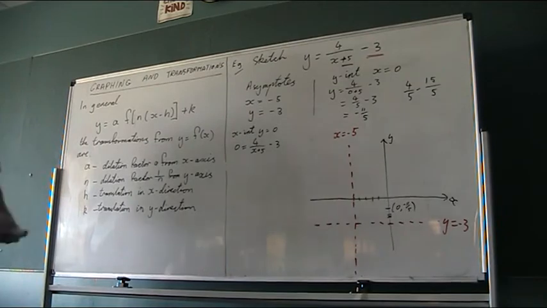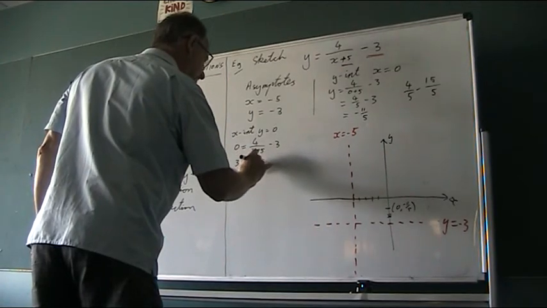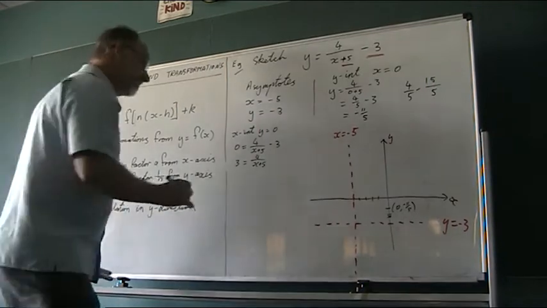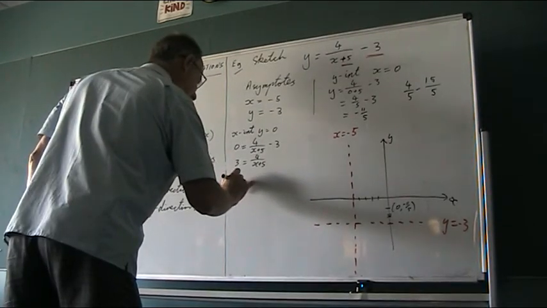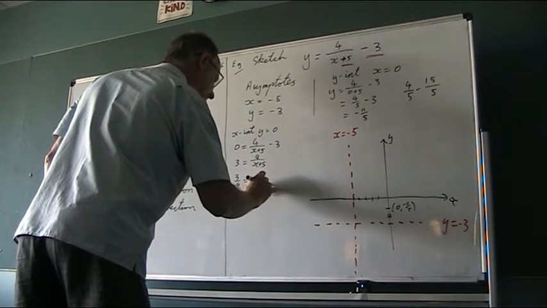I've got to rearrange to get x. First step, add 3. So 3 equals 4 on x plus 5. Then divide by 4.